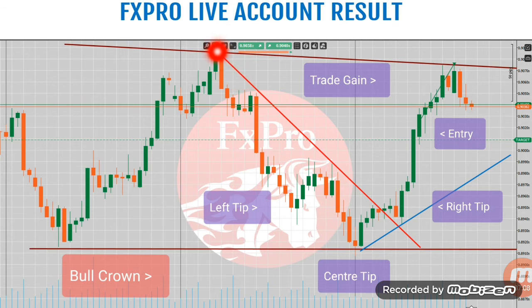However, bull crowns and bear crowns do not generally have as much momentum, and so it is generally the better option in my preference to exit the market just ahead of these areas, just in case the market decides to pull back.